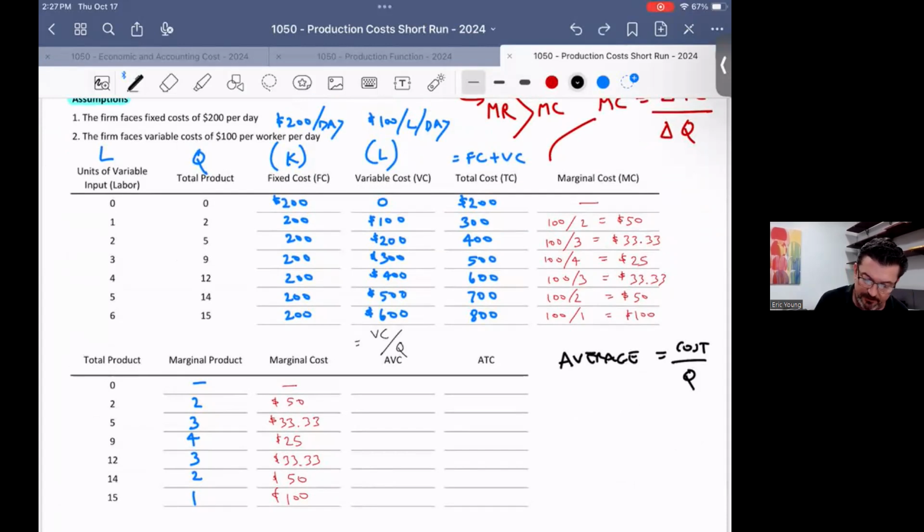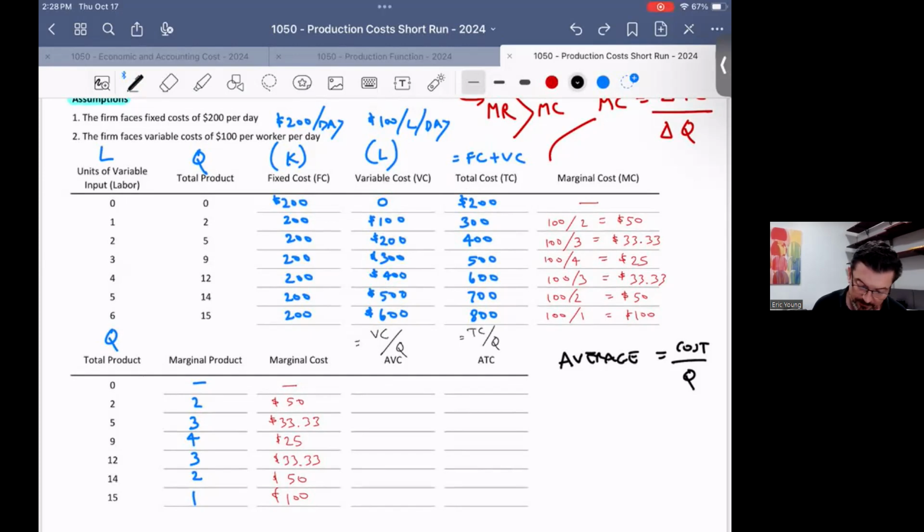That way we see it, because our output is Q. So we have average variable cost is variable cost, which is up here, divided by Q, which is right there. And we have average total cost, and that's going to be equal to total cost divided by Q. And we have total cost up there and Q right there. So all we have to do is just plug numbers in and we'll get our averages.